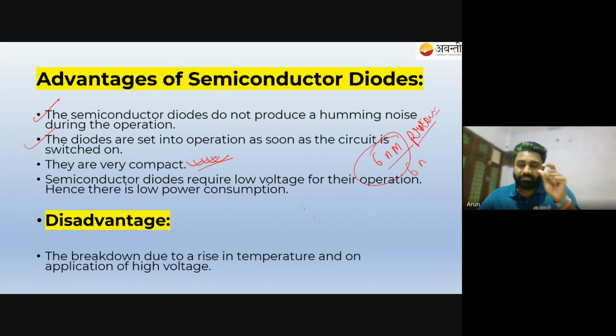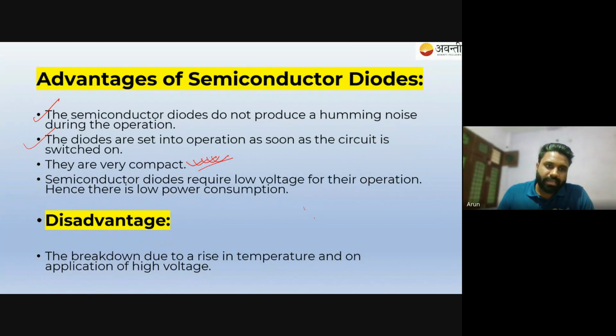Nanometer means 10 raised to the power minus 9 meter. That small semiconductor we have fused to make this IC circuit; that is the processor. So look how compact they can be. That is why we have a very high speed of internet today. Also, a semiconductor diode requires low voltage for its operation.